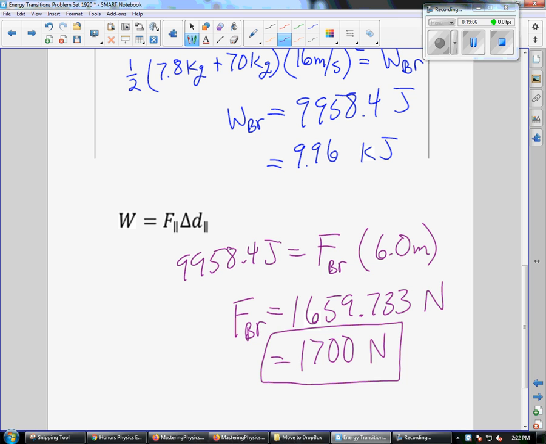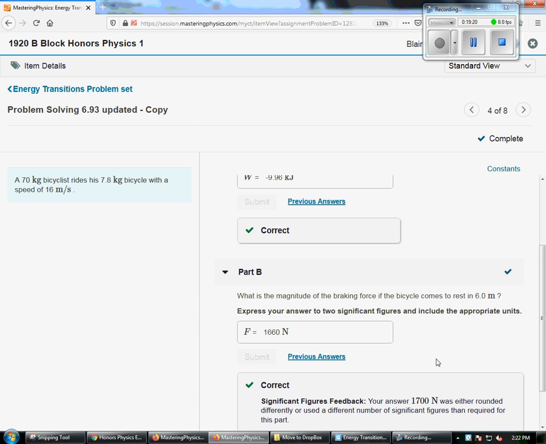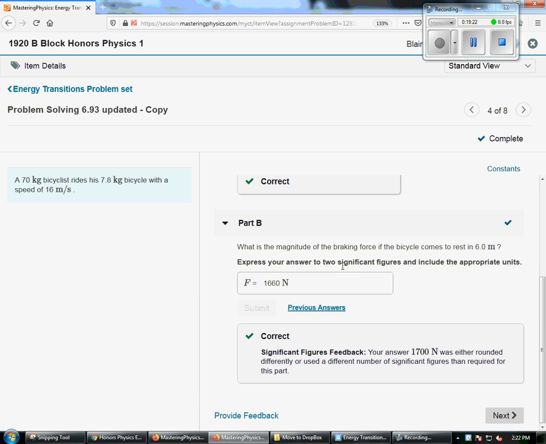No. Okay. It's in newtons. My guess is it's going to take 1,700. Although actually, it says 2 sig figs and it actually wanted 3. Oh, sneaky little book. I might have to update that text.